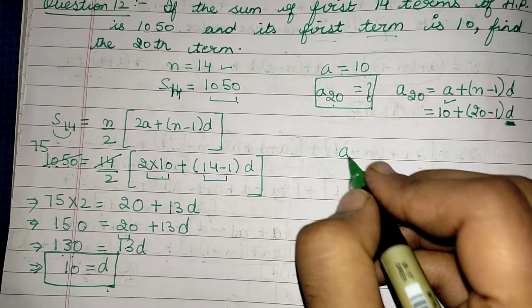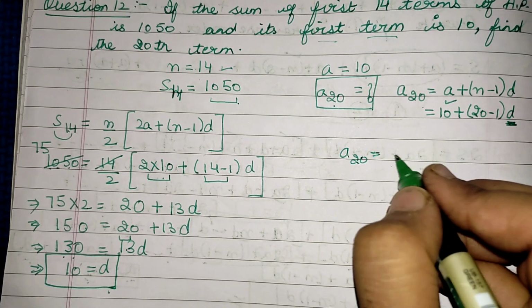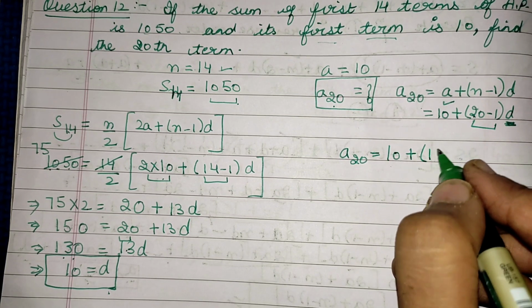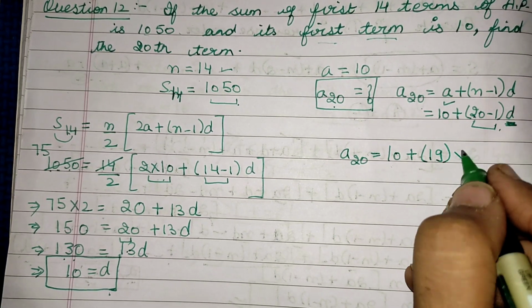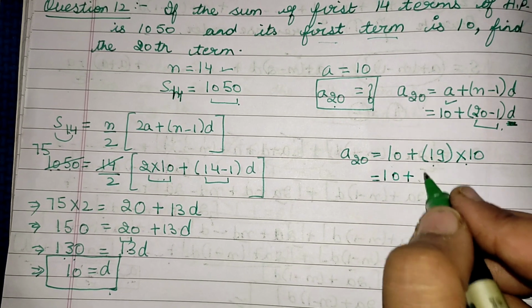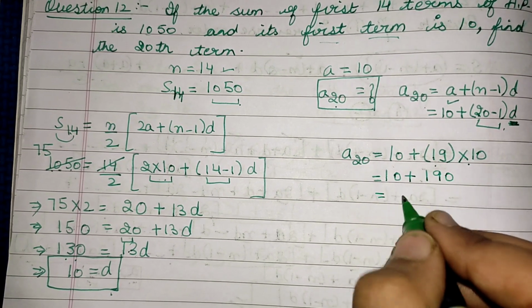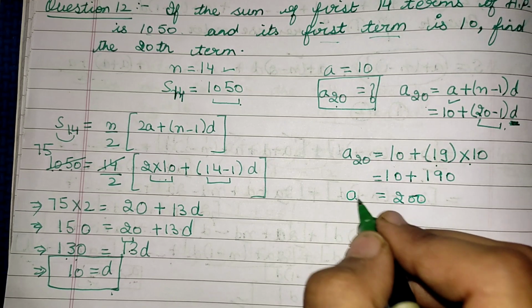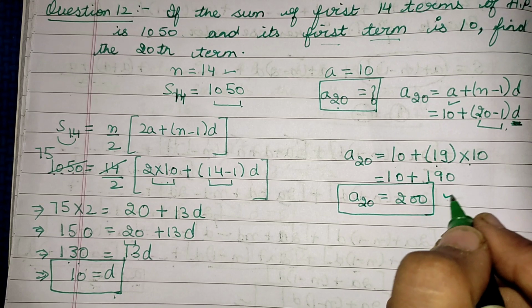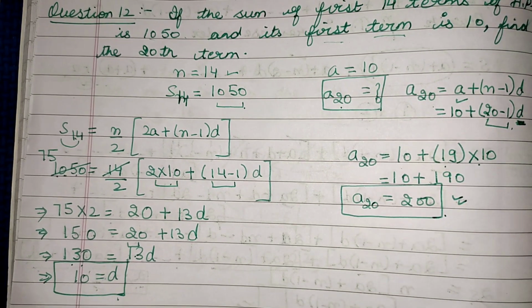Now put the value of the common difference in this equation and you will get your final value. 20 minus 1 is 19, into the common difference 10. So my answer will be 10 plus 190, which is 200. So my 20th value is equal to 200.